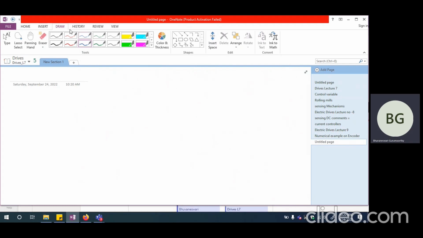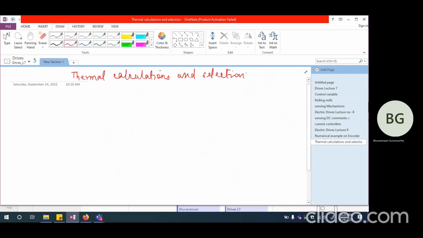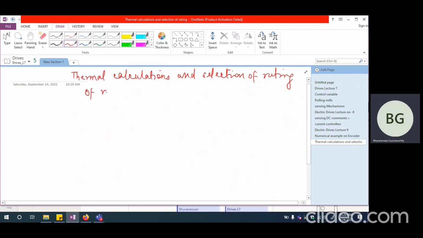Now we are going to migrate to the next chapter. This is going to be thermal calculations and selection of rating of motor for a particular drive application.